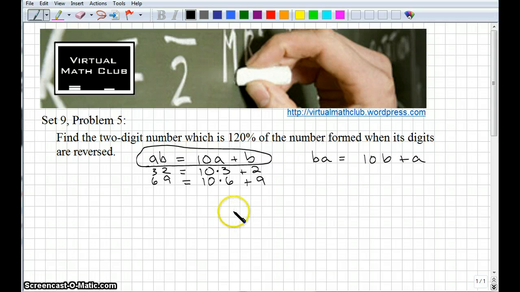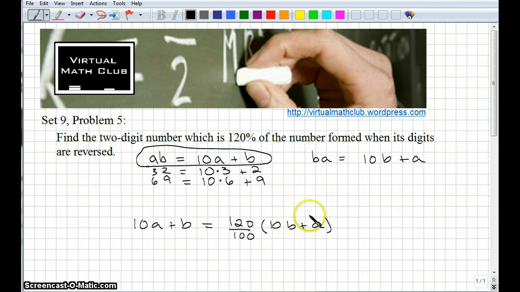So 120% looks like 120 over 100, and 120% of the number when its digits are reversed, 10b plus a, is equal to 10a plus b.